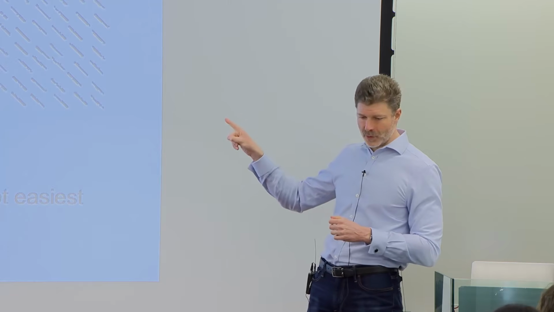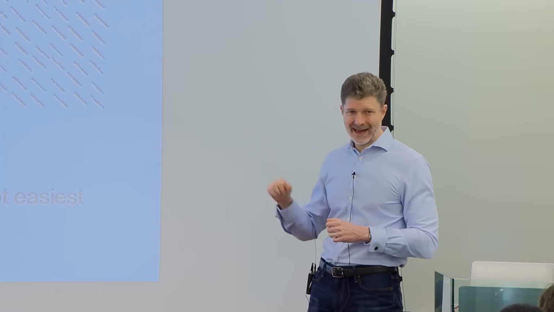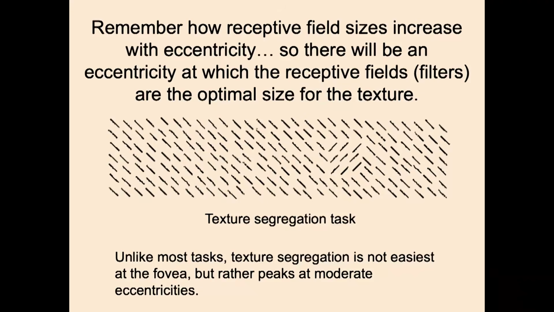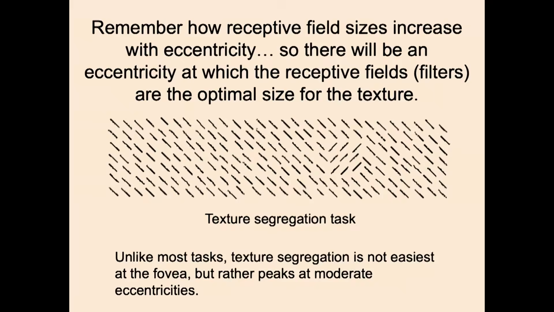If you think that the way you solve this task is by using the outputs of oriented filters, Gabor-like filters, that are processing this image, and if you suppose that those filters can vary in their scale, then there's going to be a size of the filters that's optimal for this particular texture, where the size of the filter is about the same size as the elements in the texture.